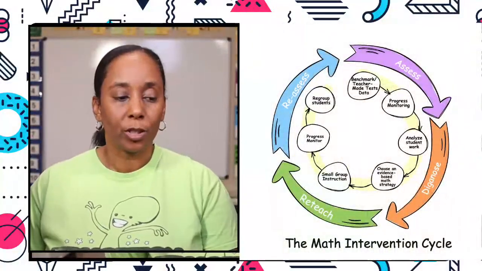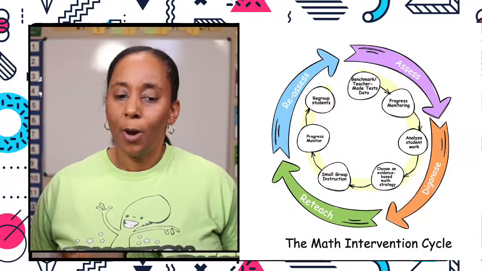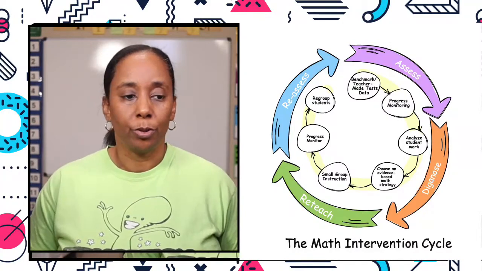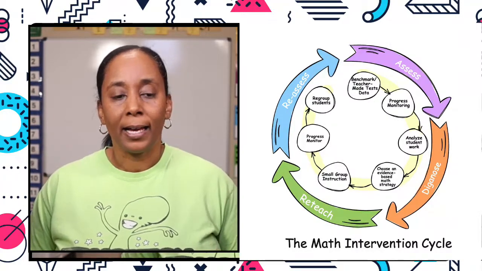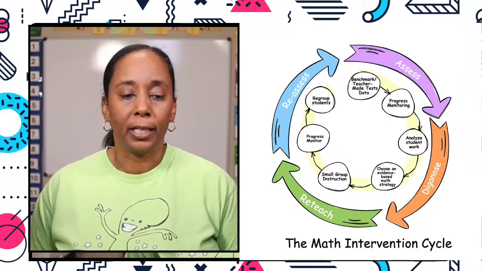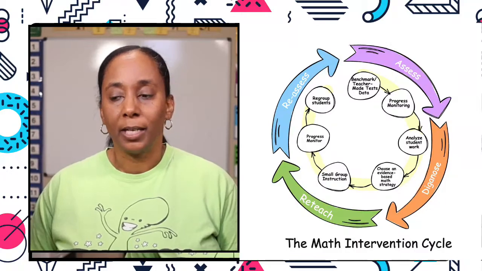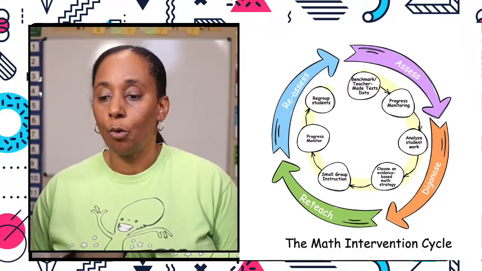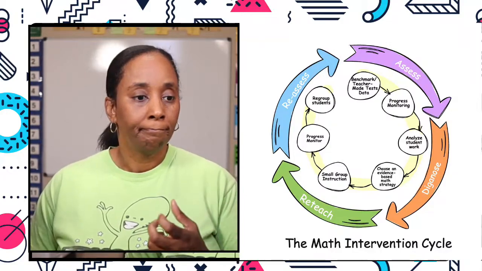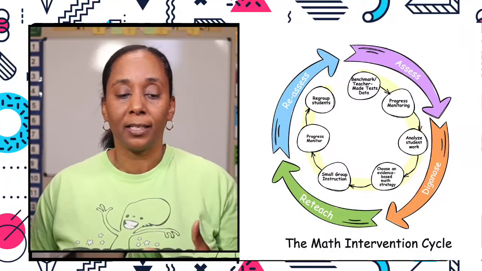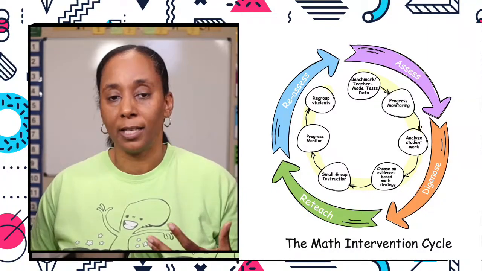So tonight's topic is: you have data, so now what do you do? In my Math Intervention Academy, I created a 4-step process for math intervention: assess, diagnose, reteach, and reassess.